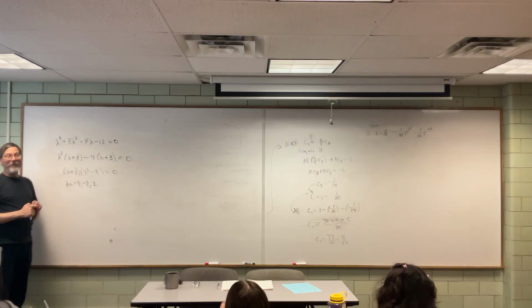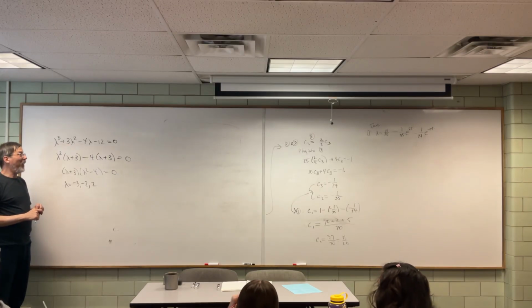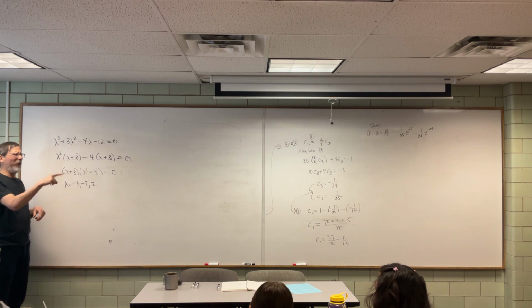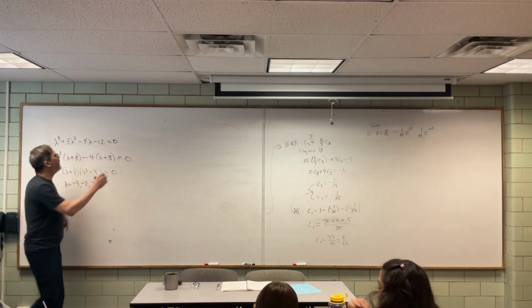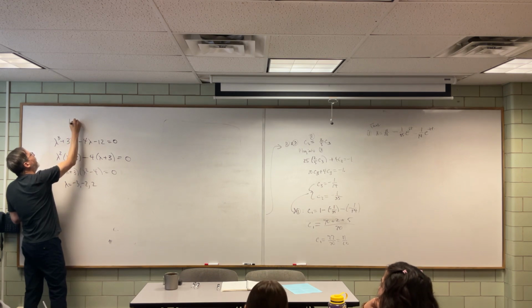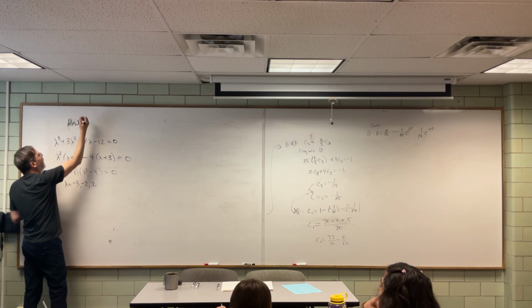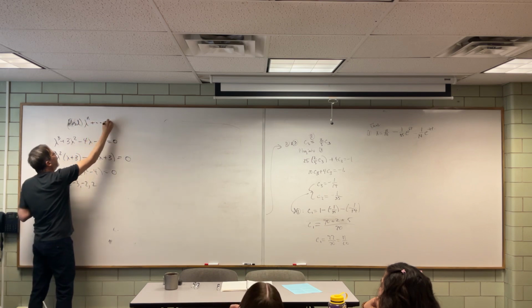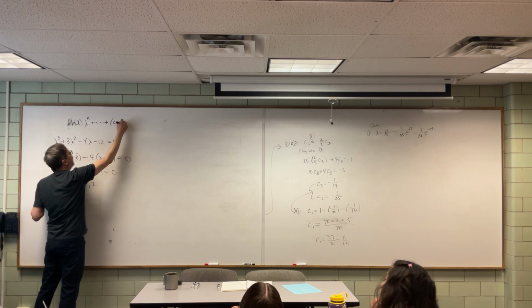Polynomial factoring tips 101, part 1. If you have a polynomial and you've got this leading coefficient, and then you've got lambda powers, and then you've got this constant at the end.